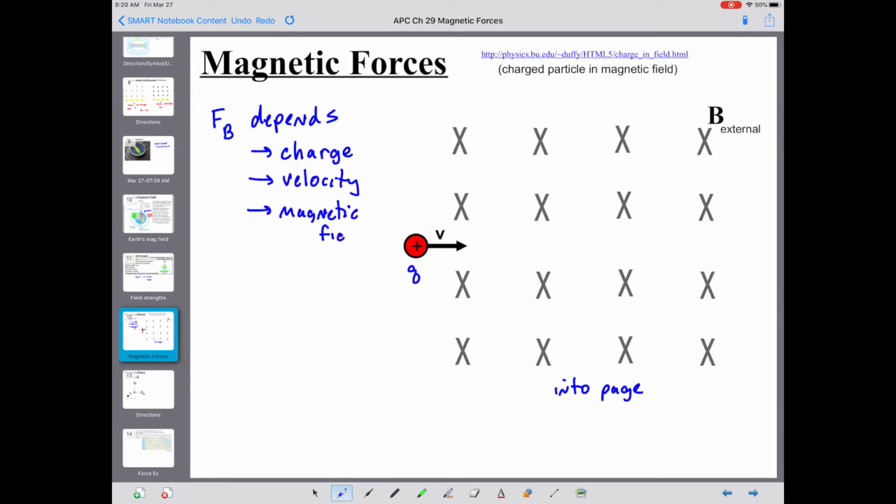If we had a stronger or a weaker magnetic field, then we would correspondingly have more or less force. So then the force depends on Q, V, and B. For the charge shown in the diagram on the right side, what we observed was this charge in the simulation went around in a curved path.